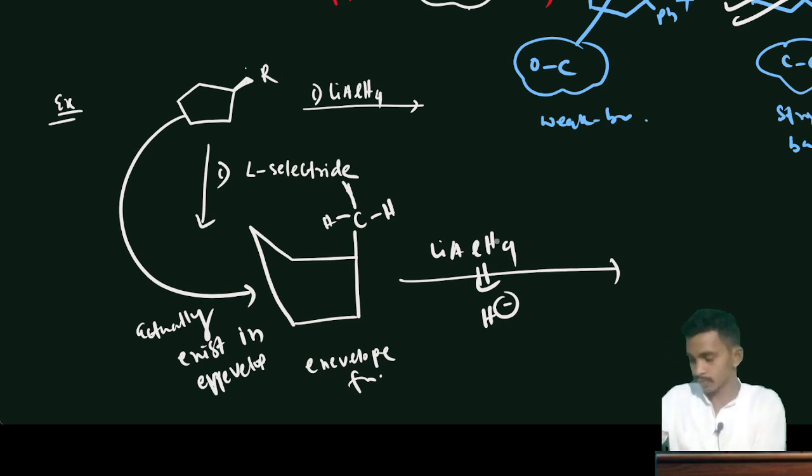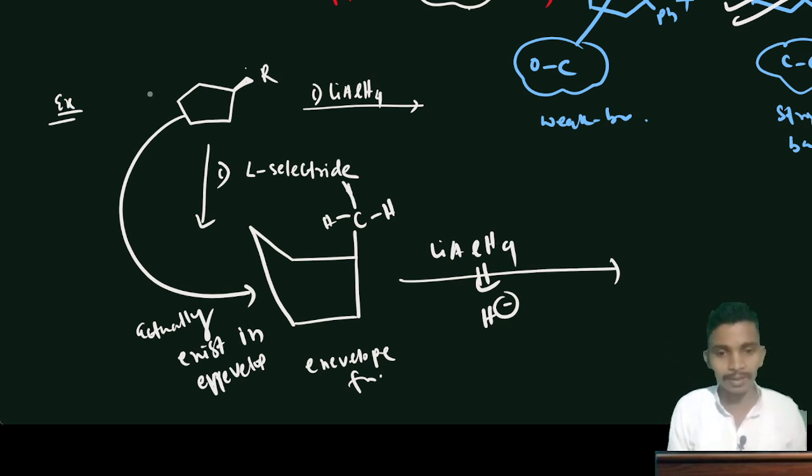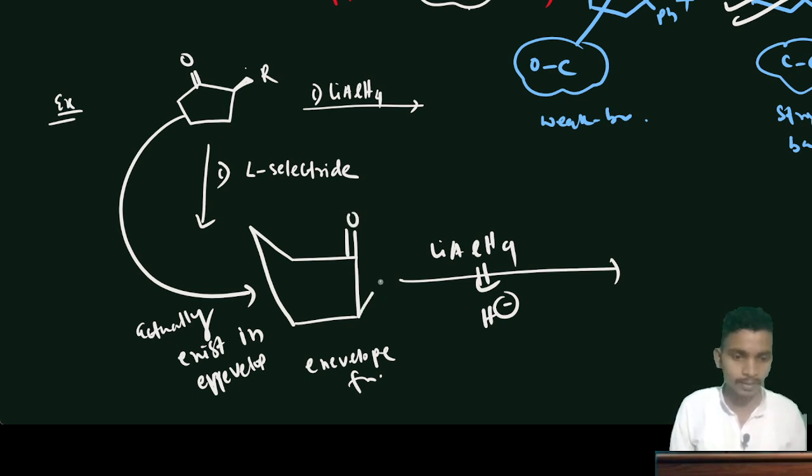Sorry, I forgot to mention this carbonyl group. Okay, the carbonyl group is also there. So this is the carbonyl group, and let's say here will be the R group.